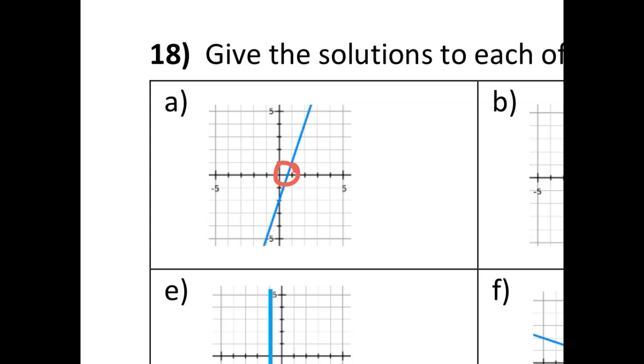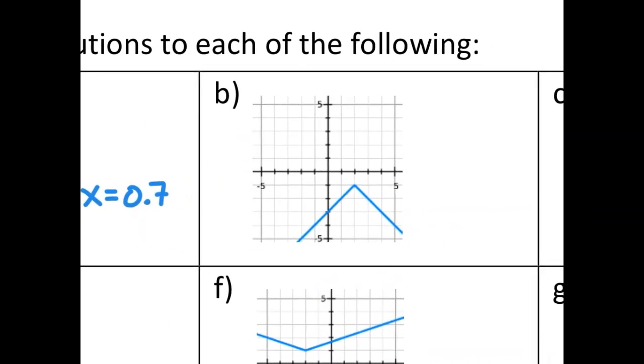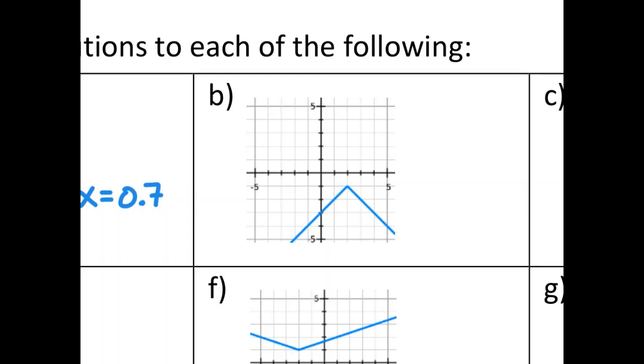So in this case, your x-intercept, I would say, is about 0.7 or 0.8. And so you want to write the solution as x equals 0.7 or 0.8. Sometimes there's no x-intercept at all. So in this graph, the function never touches the x-axis, and so you're going to say no solution.